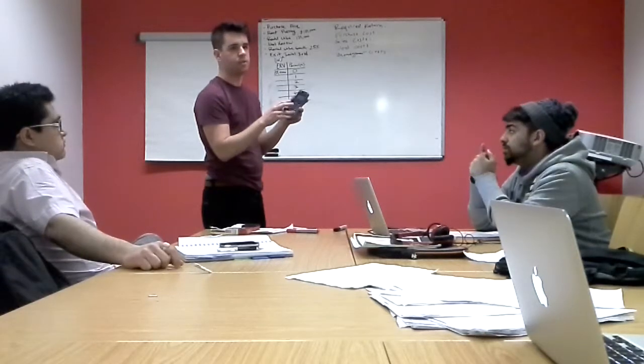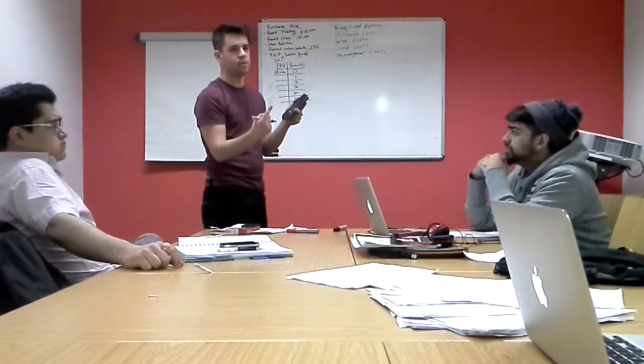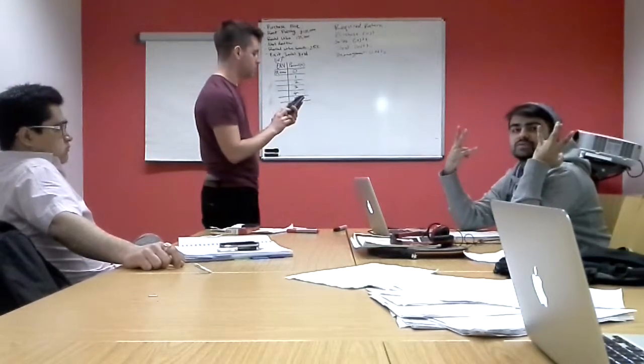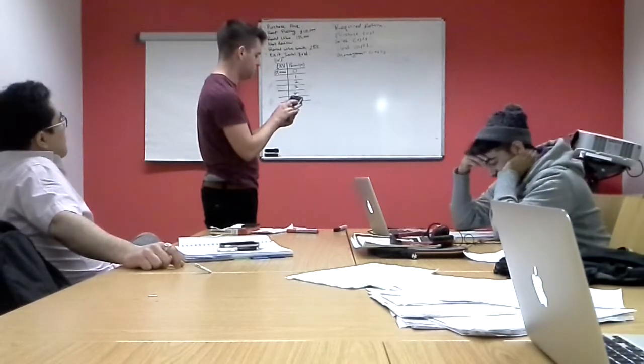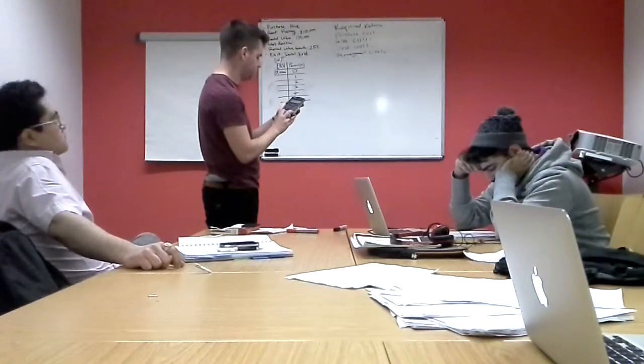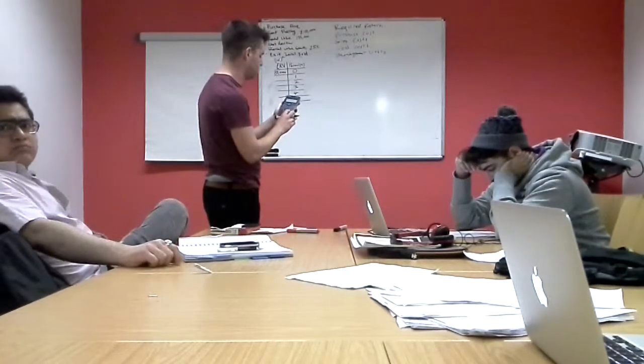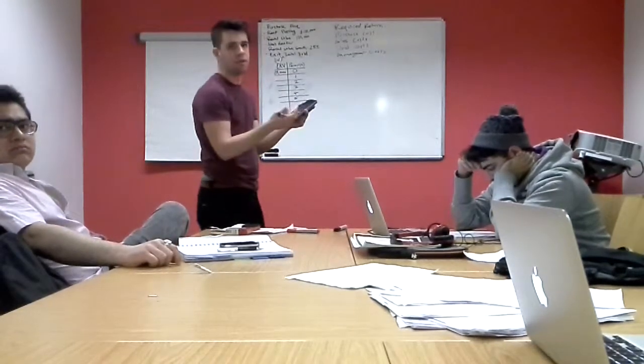Just use 1.025, i.e. 1 plus 0.025, to the power of n. And rental growth would always be given, right? Yeah, they will give you some sort of growth rate.